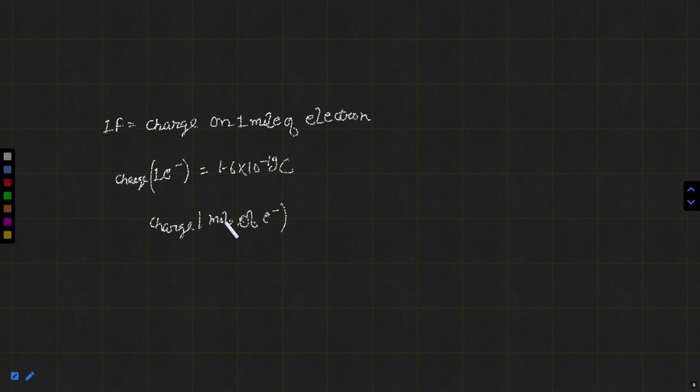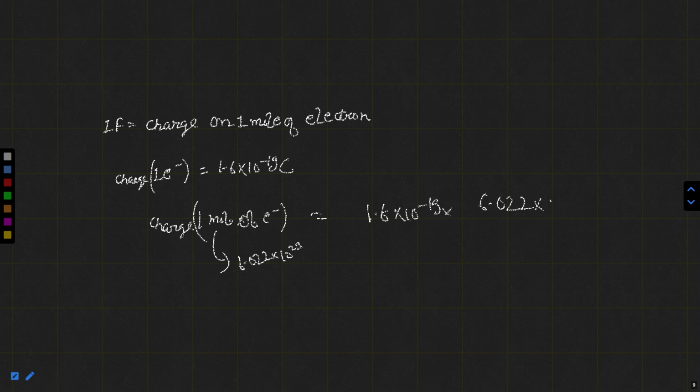It is a simple elementary calculation. 1 electron has 1.6 into 10 to the power minus 19, and we know that 1 mole is equal to 6.022 into 10 to the power 23 entities. So it will be 1.6 into 10 to the power minus 19 into 6.022 into 10 to the power 23.